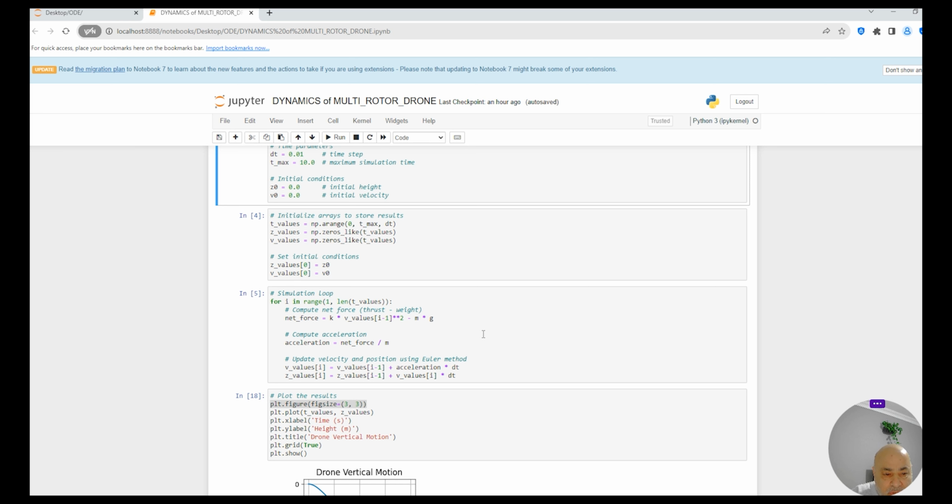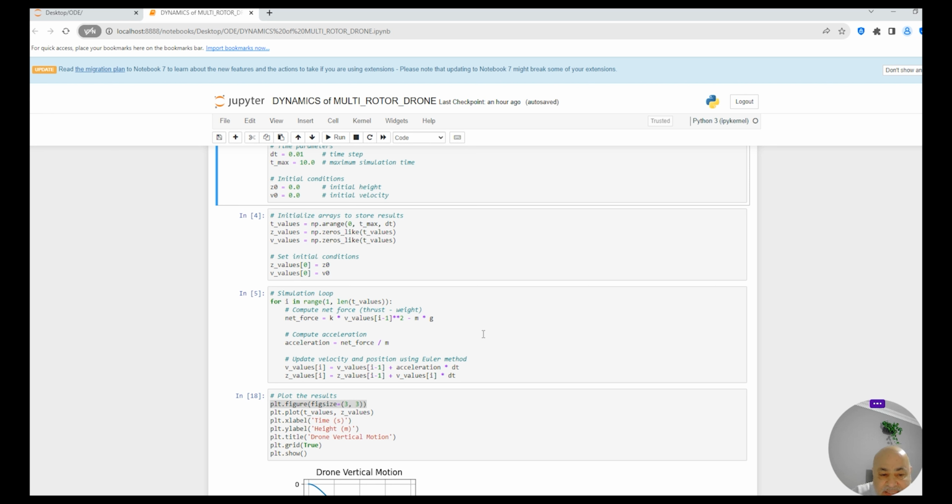So I am not going to miss any values at all. Then I represented the equation which we have: net force is equal to k multiplied by v_values[i minus 1] squared, minus mass times gravity. Then I computed the acceleration, where it's equal to net force over mass.